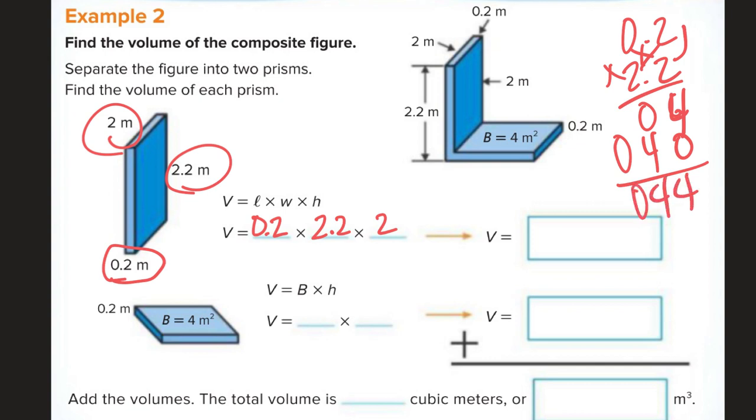And then I go back. Remember how we place our decimal? I've got 2 digits to the right of the decimal in my multiplication problem, so I'm going to bring it back 2. I would get the answer of 44 hundredths, and then I need to multiply that by 2.